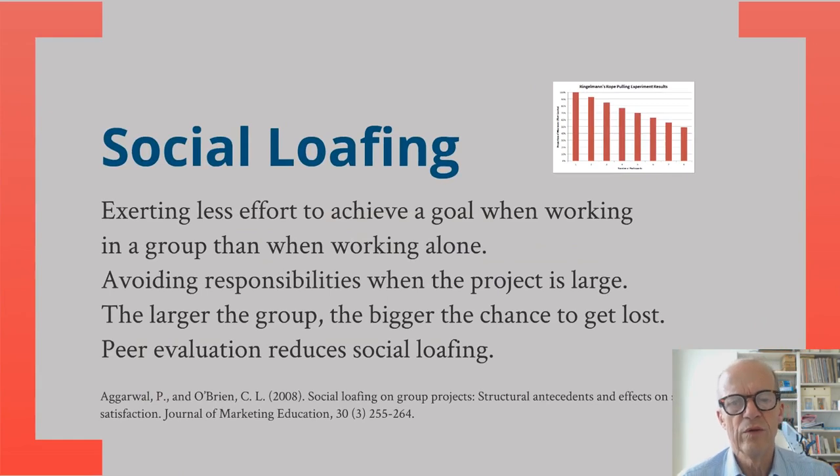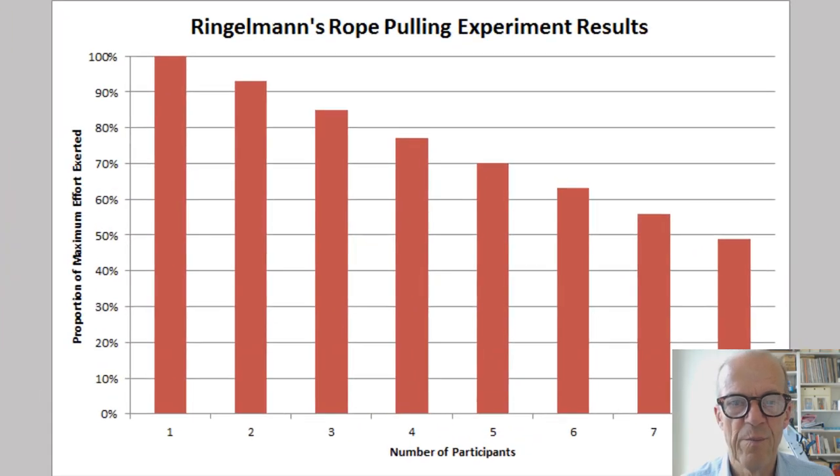People who perform worse or show less effort to achieve a goal when working in a group than when working alone show symptoms of social loafing. And this is the famous experiment in which social loafing was shown by Ringelmann.